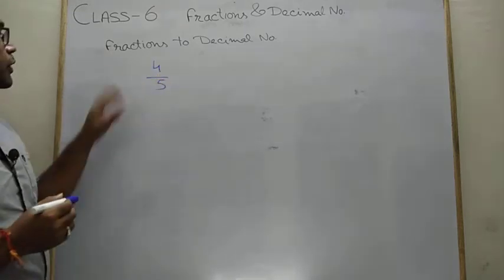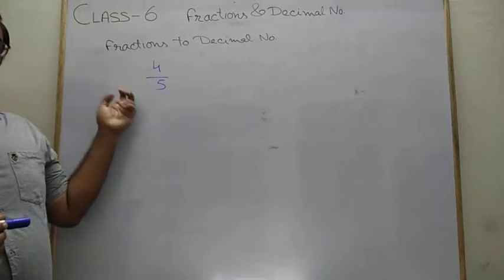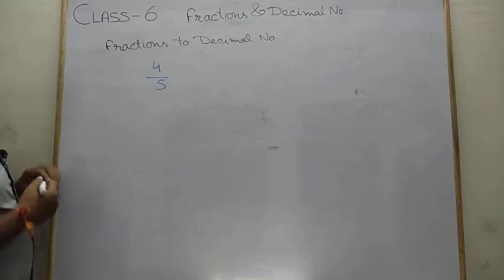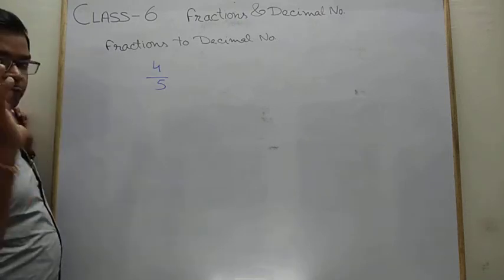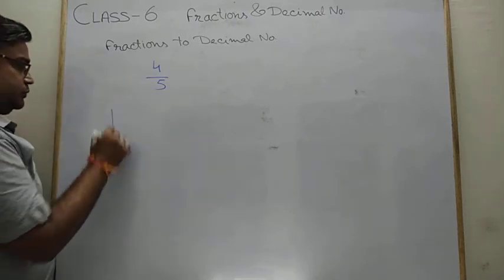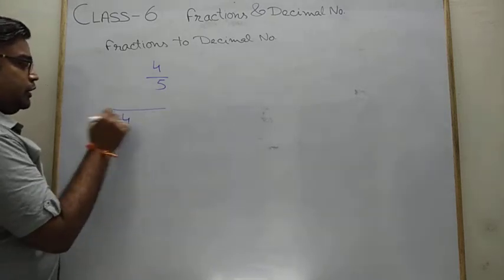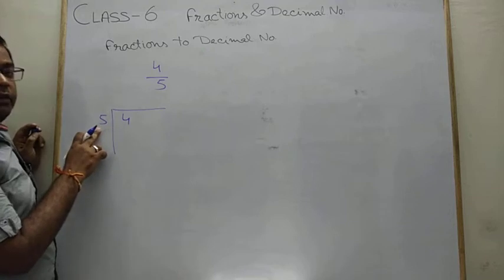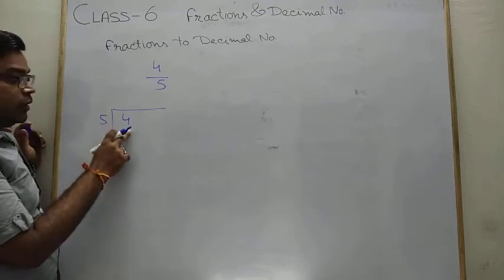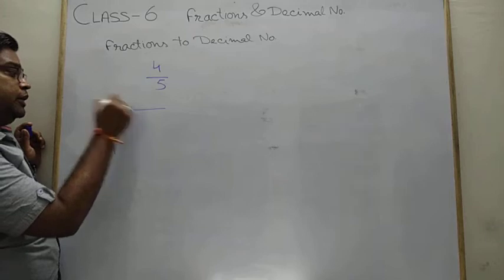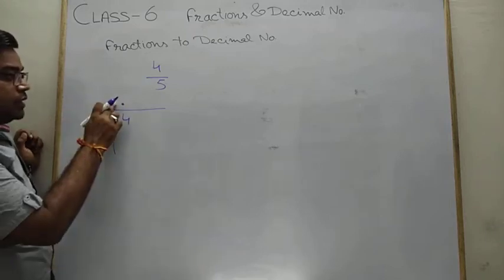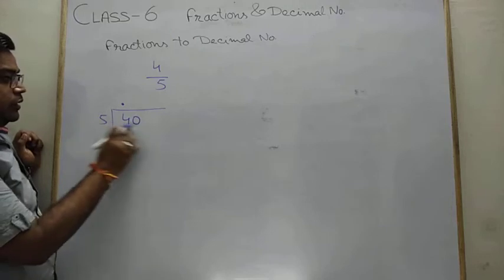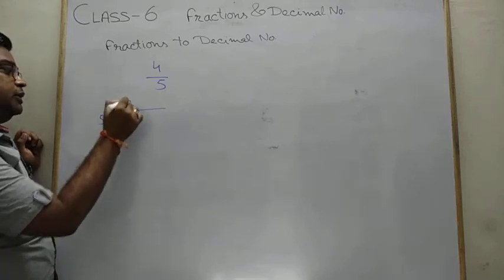How do we convert this into a decimal? For this we use the division method. There is one more method, but first the division method, so that you can understand how we divide using a decimal. 4 is never divided by 5 because 5 is greater than 4, so we place one decimal over here. As soon as we place the decimal, we are able to place 10 over here. Now we can check, yes, it is divisible: 5 8s are 40.